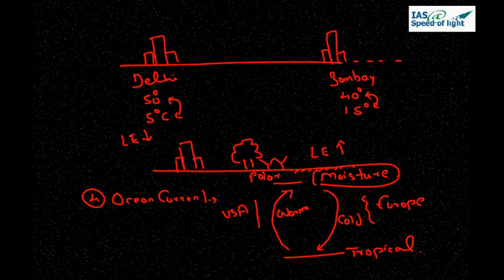The same thing replicates in the southern hemisphere as well, where we see warm currents from the tropics going to the polar regions, and a cold current from the polar regions to the tropical regions. It helps in moderating their temperatures. So ocean currents is one of the factors which controls the temperature.